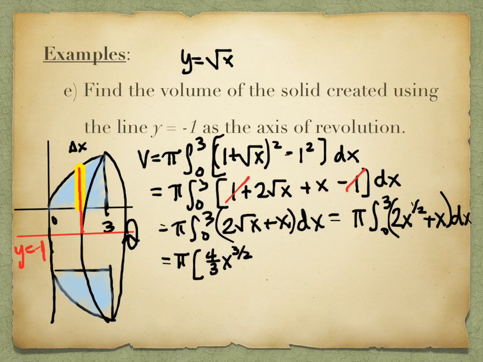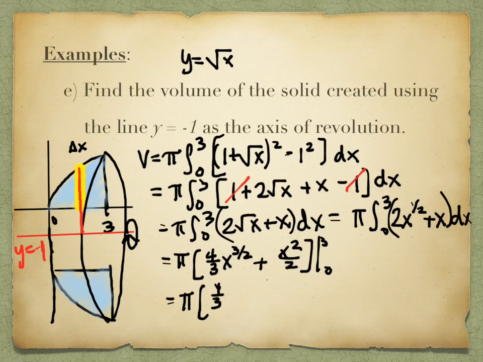All right, 4/3 x to the 3/2, so it would have been 2x to the 3/2 divided by 3/2, which is times 2/3, so we get the 4/3. And then what? x squared over 2, and we're going to evaluate at 3 and 0, and the evaluation at 0 is 0, so that's friendly. All right, so we have pi times 4 over 3.